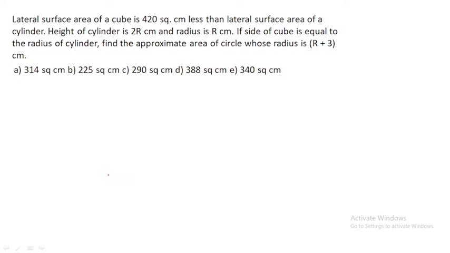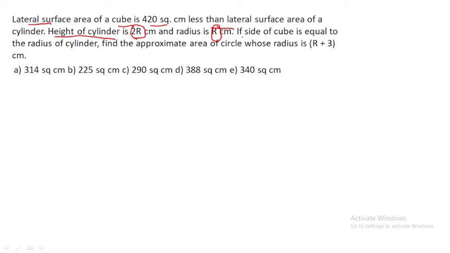And our next question is: the lateral surface area of a cube is 420 square centimeters less than the lateral surface area of a cylinder. The height of the cylinder is 2r and the radius is r centimeter.